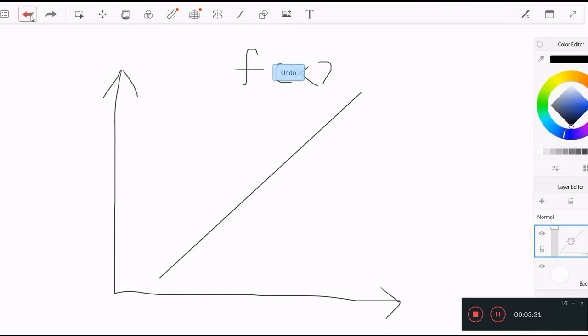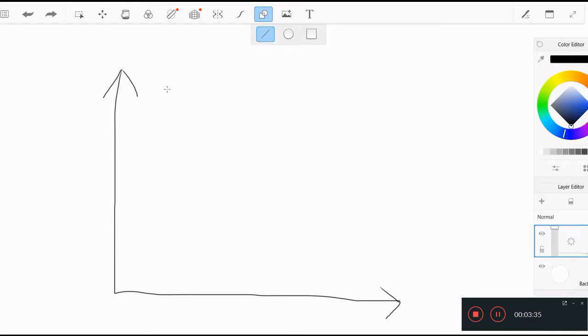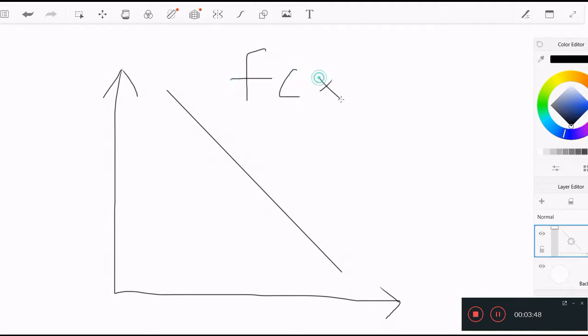I'll give you another example. What if the graph looks like this, going down? This is what we call downward sloping. In this case, the function is negative 2x. It's just an example. It can be negative 2x, it can be negative 5x.